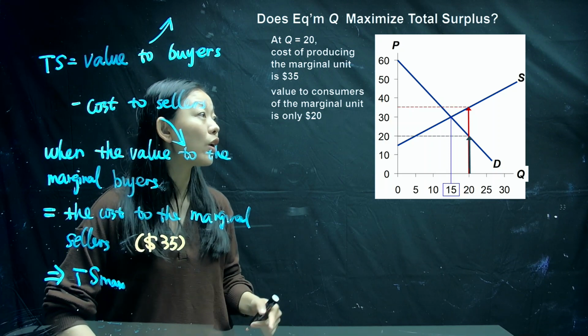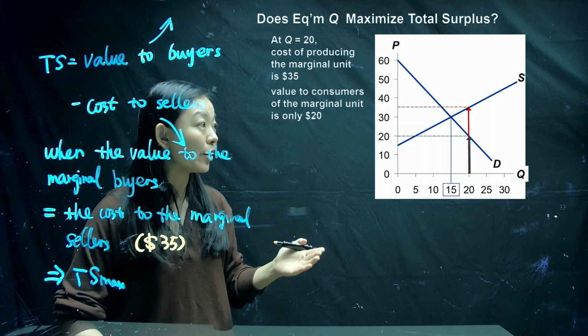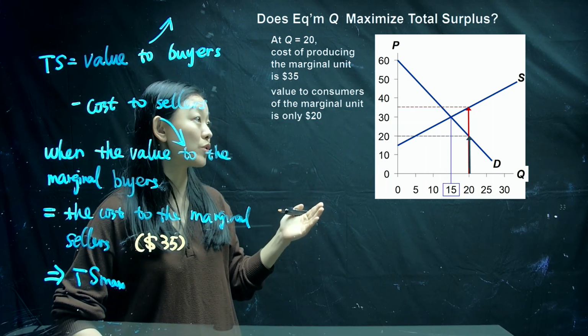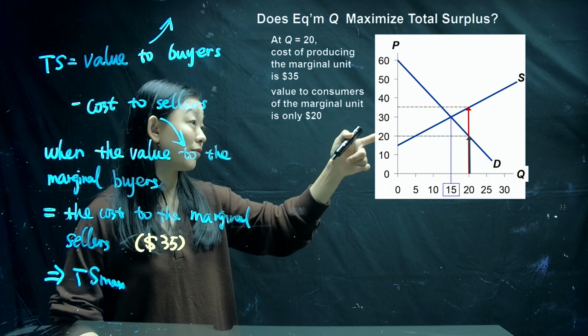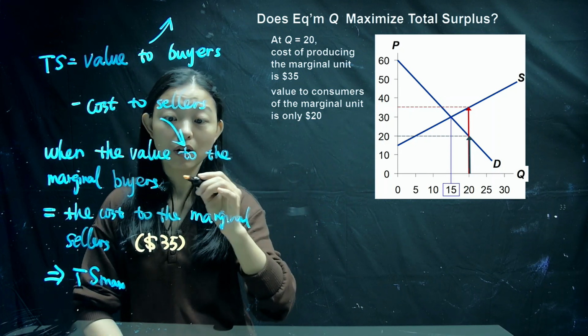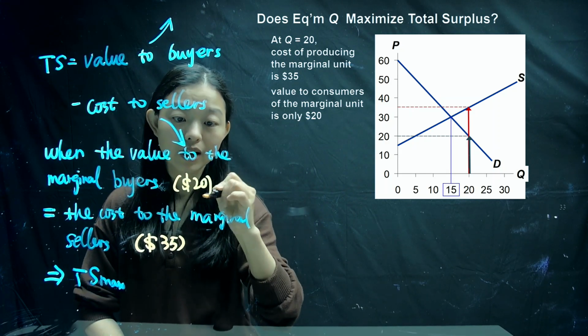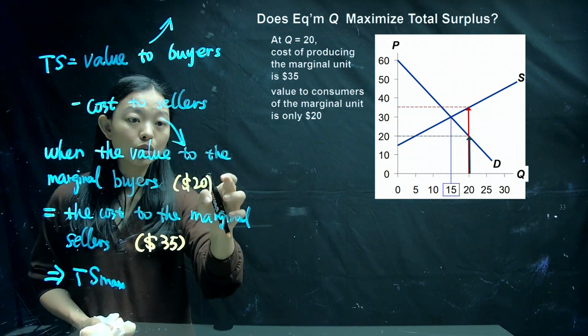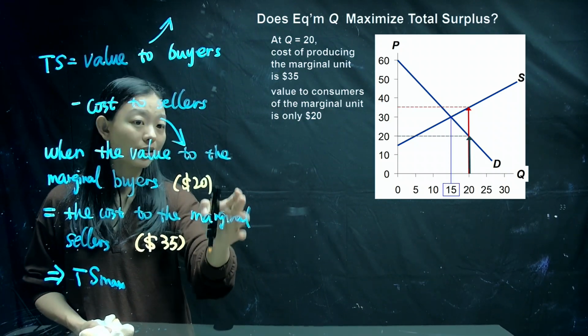And then you can also find the value to the marginal consumers. If the quantity equals 20, the value is only $20. These two are still not equal to each other.